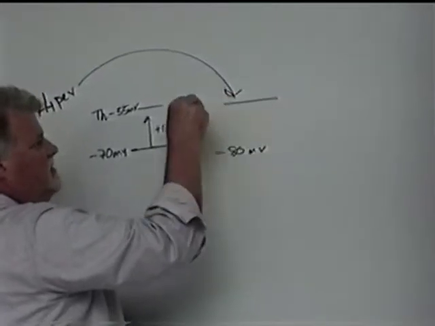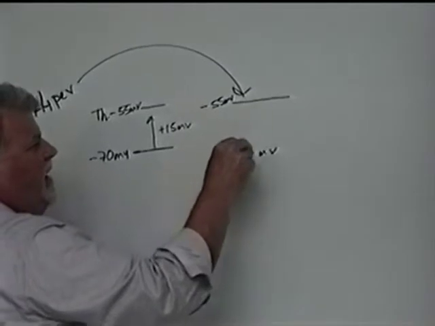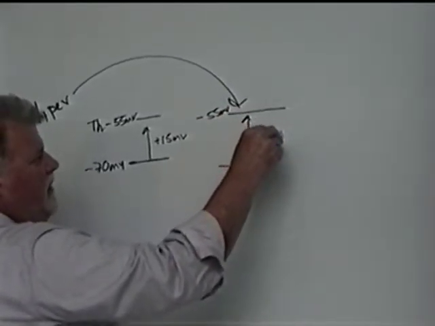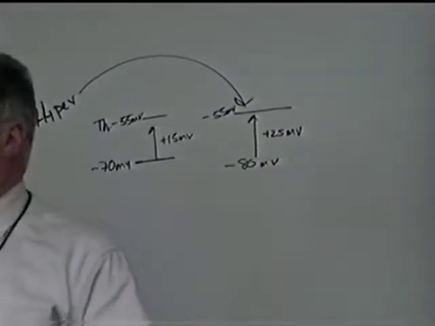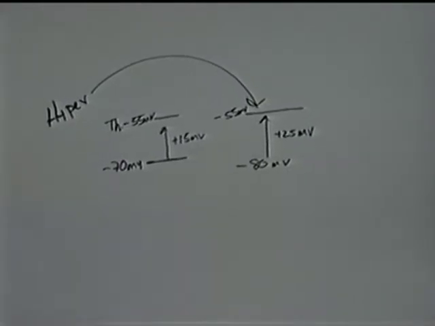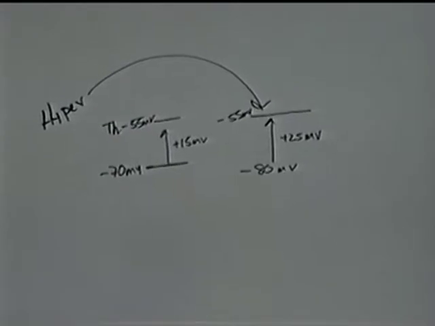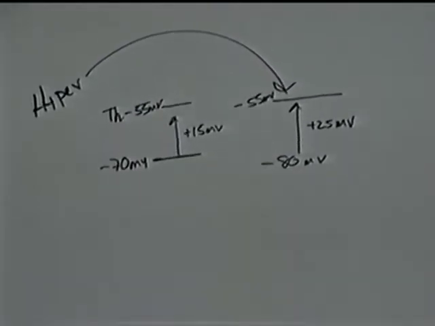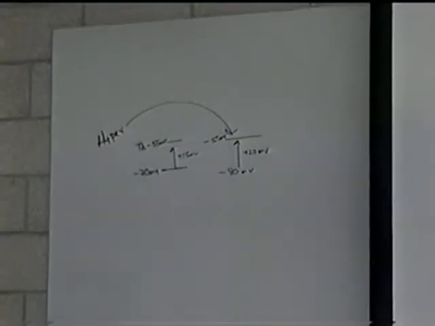My threshold doesn't change, it's still minus 55. But now I have to move the membrane plus 25 to create an event. So essentially hyperpolarization requires a stronger stimulus to get a response because you've essentially changed threshold. It's not important to skeletal muscle, but it's going to be critically important to cardiac muscle.